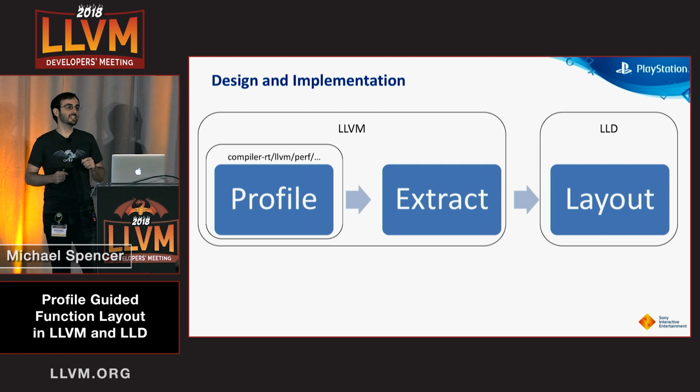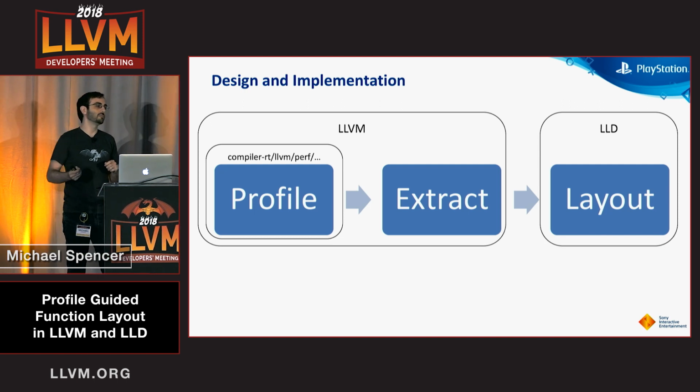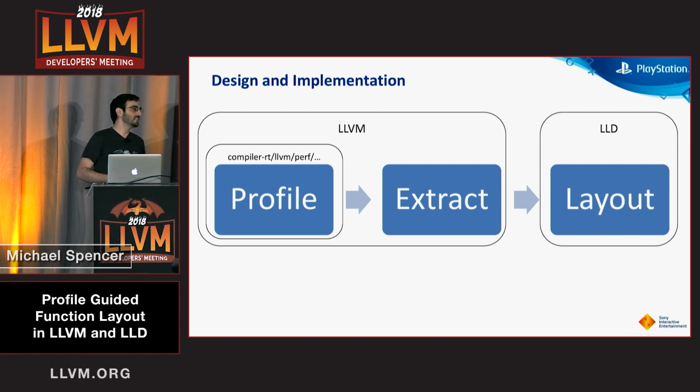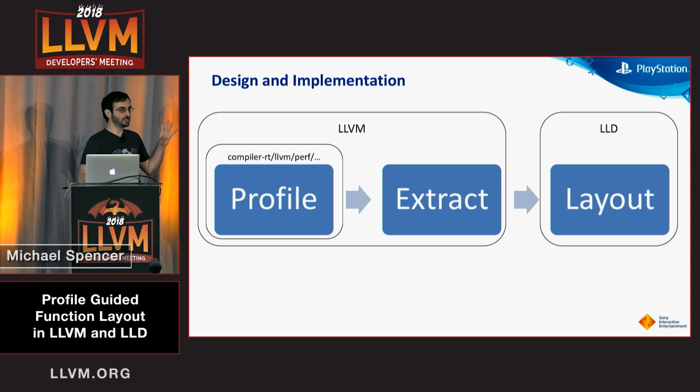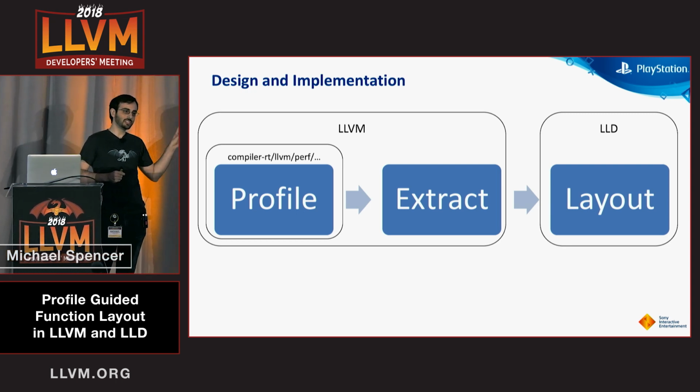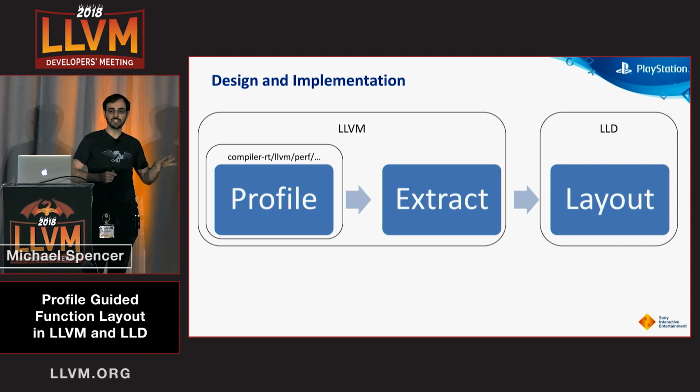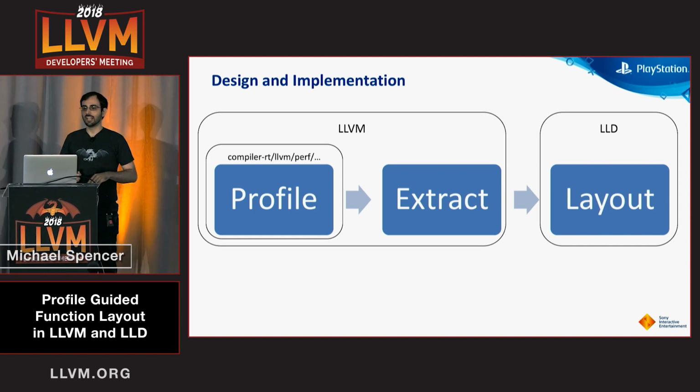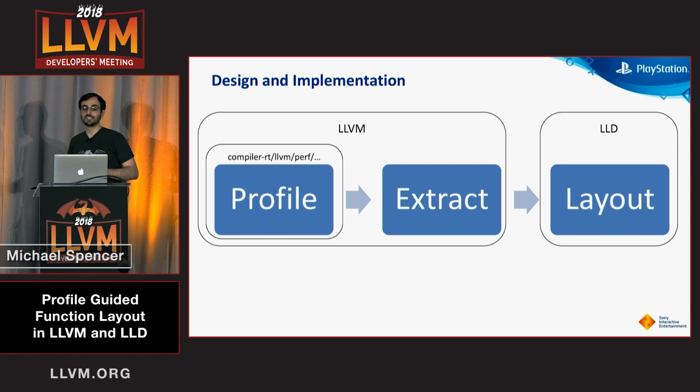For profiling, you use the existing LLVM profile infrastructure. You can use perf and do sample-based profiling, or you can use our front-end instrumentation or IR instrumentation. As long as you get a profile, this will work.